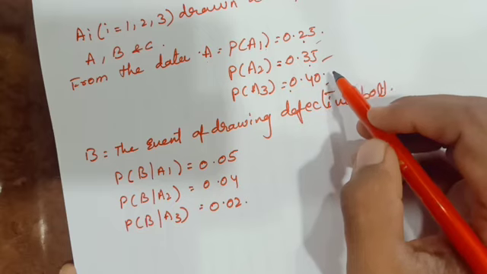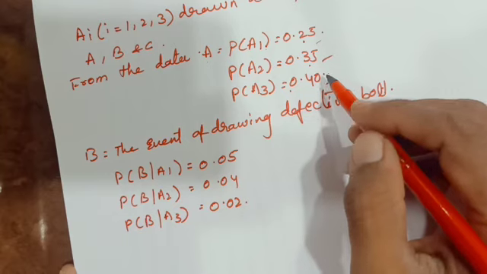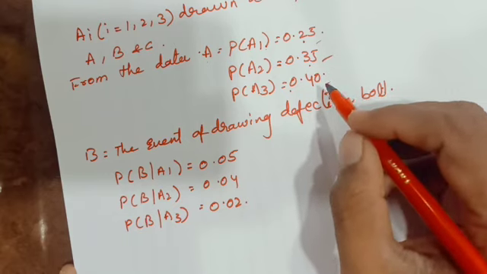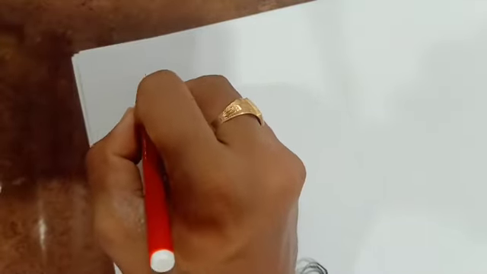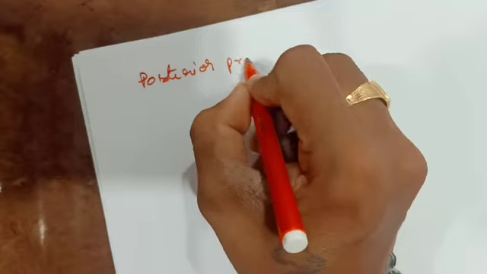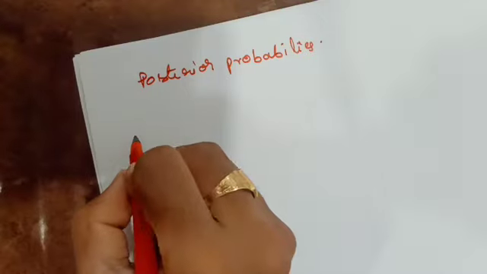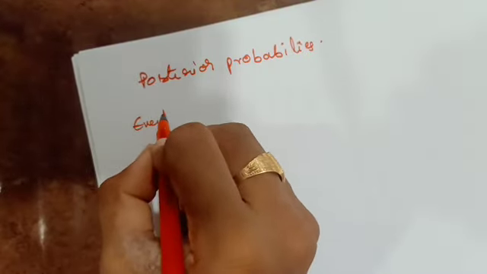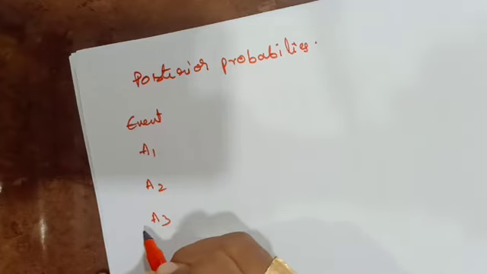But what we want is the posterior probabilities, so we will calculate them in the form of a table. The events are A1, A2 and A3.